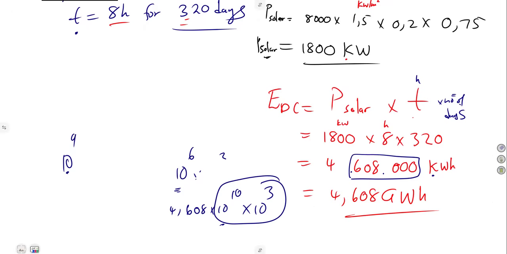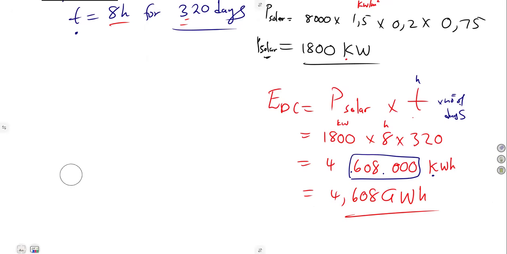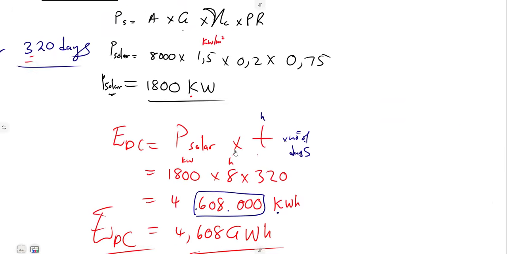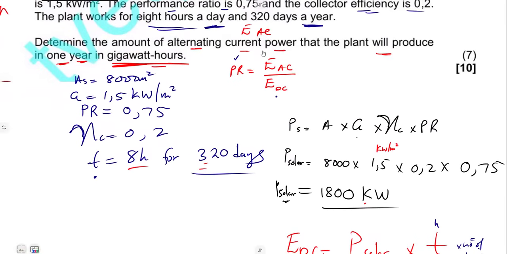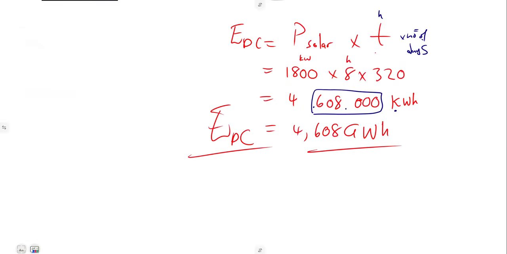So having the DC, the AC can be obtained from our performance ratio. As we have got the DC, we're going to find the AC, because the question was to find the AC. So we simply cross multiply here. E for AC is simply the performance ratio times EDC.